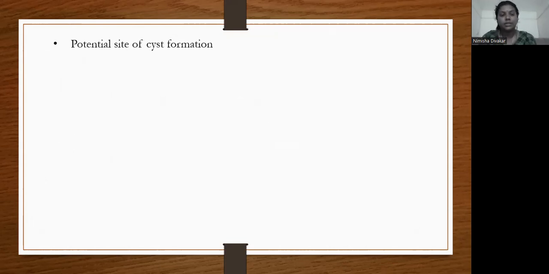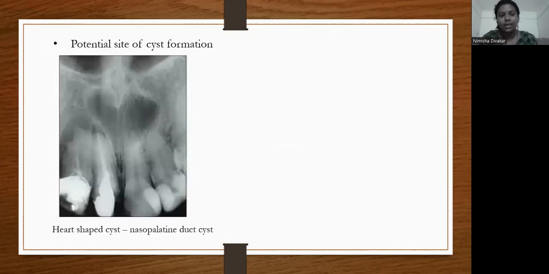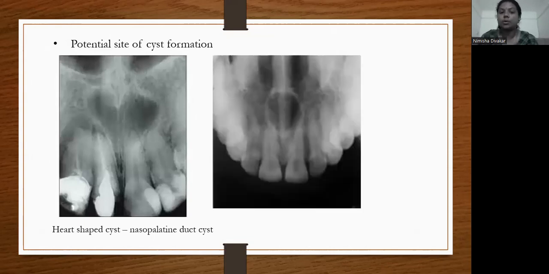Also, it is a potential site of cyst formation. As we all know, the nasopalatine cyst is one of the most important non-odontogenic cysts of the anterior maxilla, and its pathognomonic feature is a heart shape. It appears more pronounced in an occlusal radiograph.